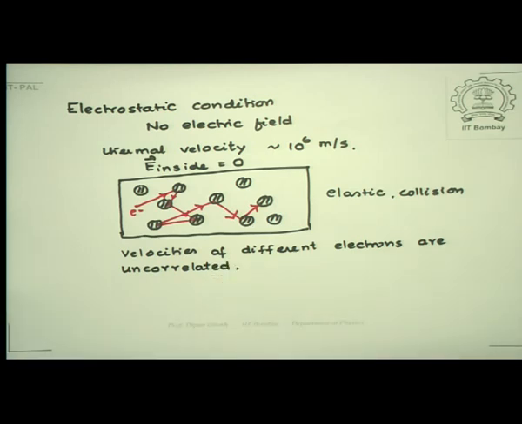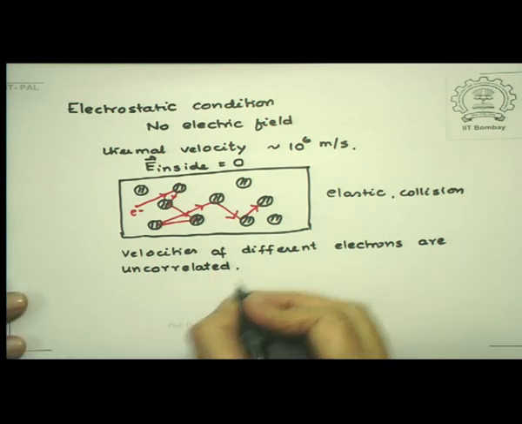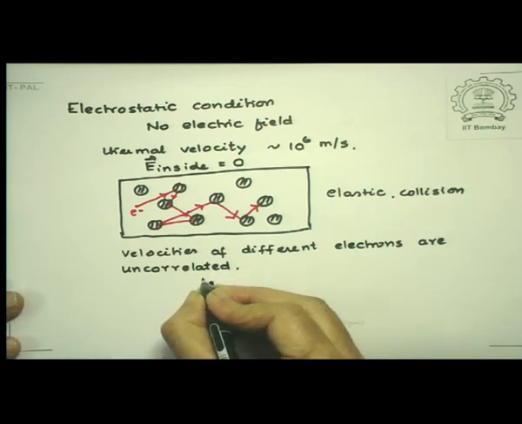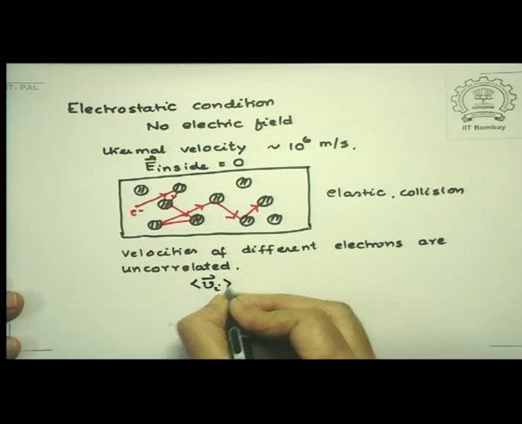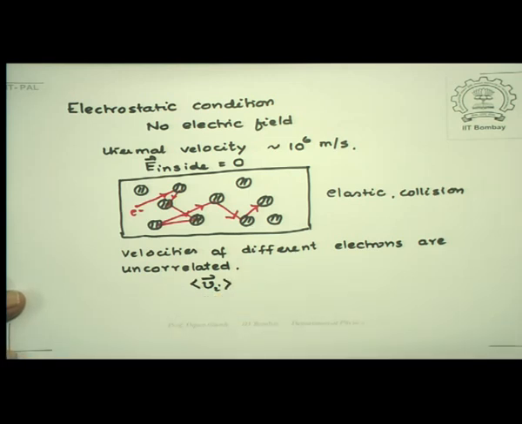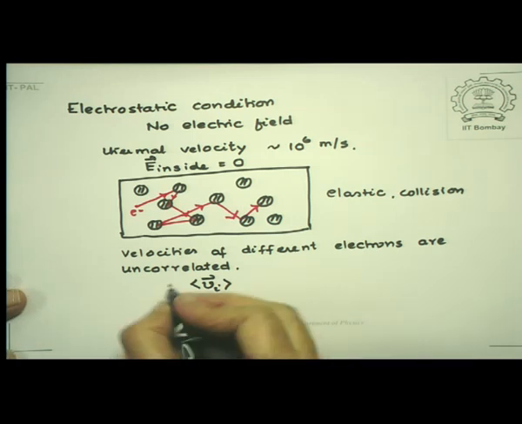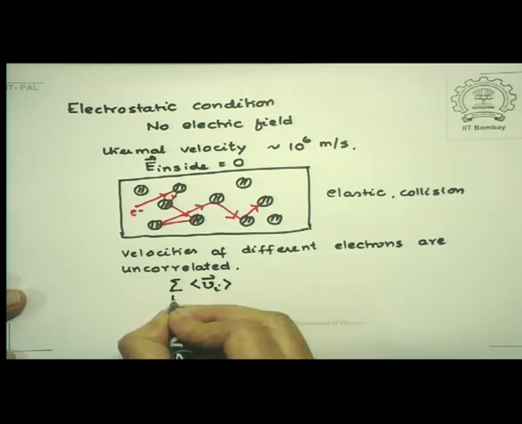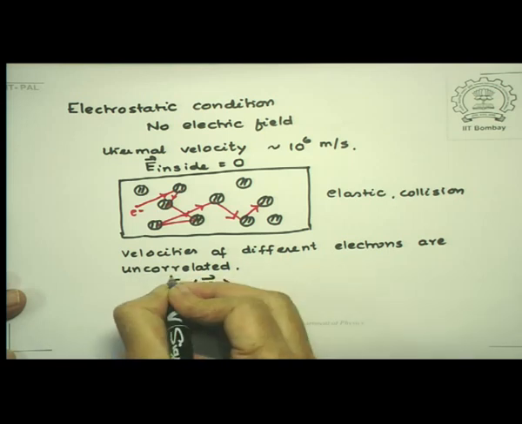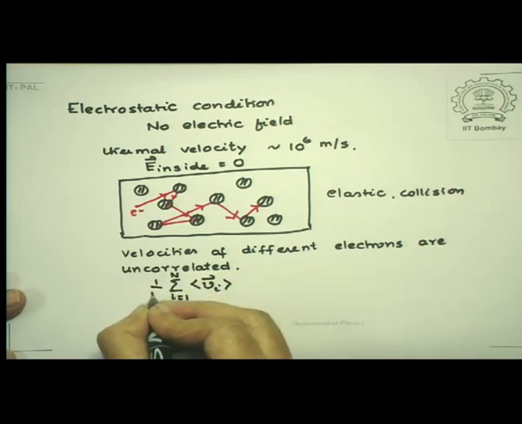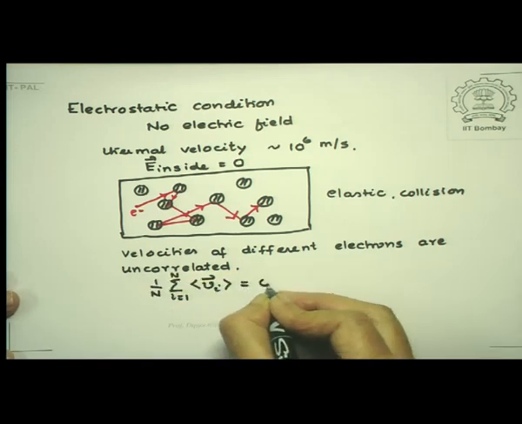As a result, supposing I say that the average of Vi represents the average velocity of the ith electron, if I sum it over i equal to 1, 2, up to n, where n particles are there, and take 1 over n, this is equal to 0.